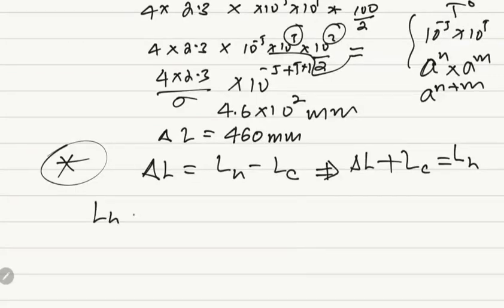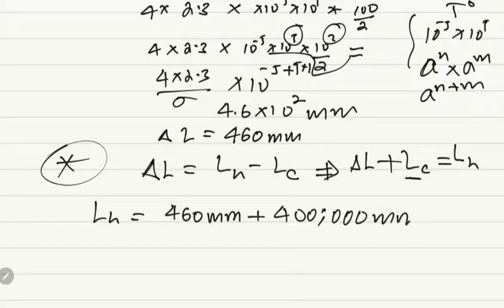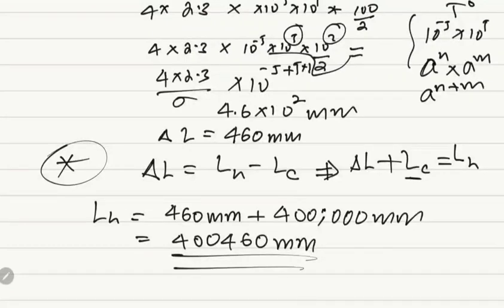So the length at the hotter is equal to the change in length, 460 millimeter, plus the length at the initial temperature, 400,000 millimeter. When you add, you get 400,460 millimeter. So this is its length at a temperature of 70 degrees Celsius.